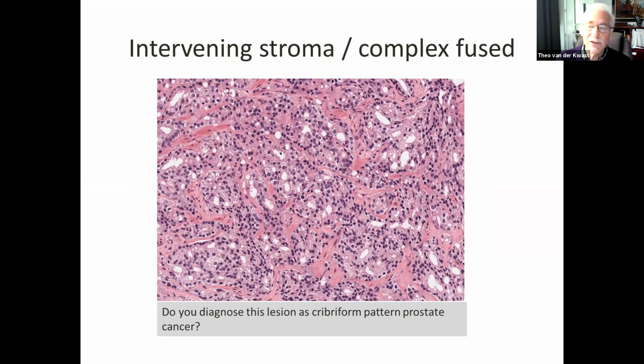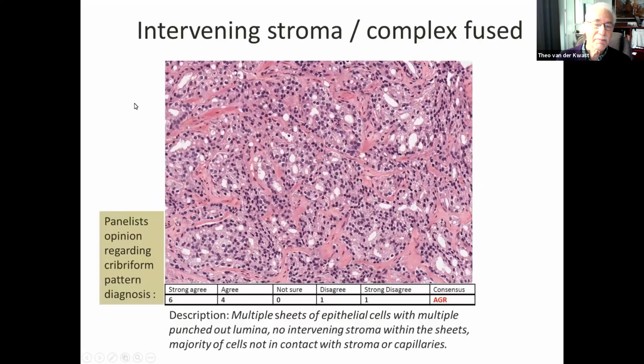You have a few seconds to think. Okay, when you made up your mind, let's see what the panelists said. As you can see, 10 out of 12 panelists agreed with the diagnosis of cribriform. So this means there was sufficient agreement to get consensus agreement. However, 2 panelists would not agree.